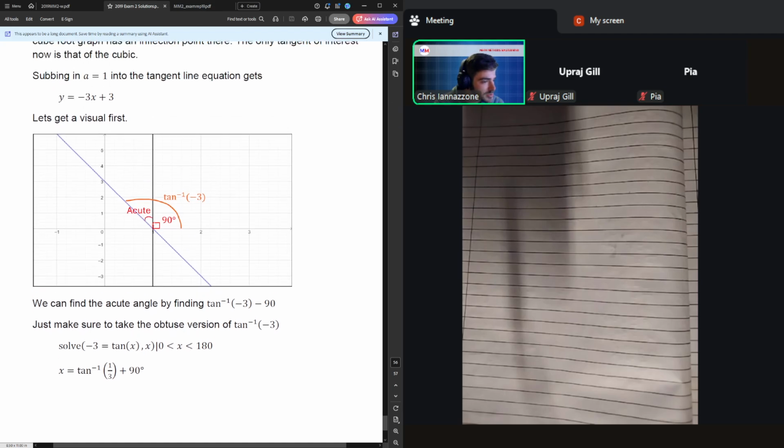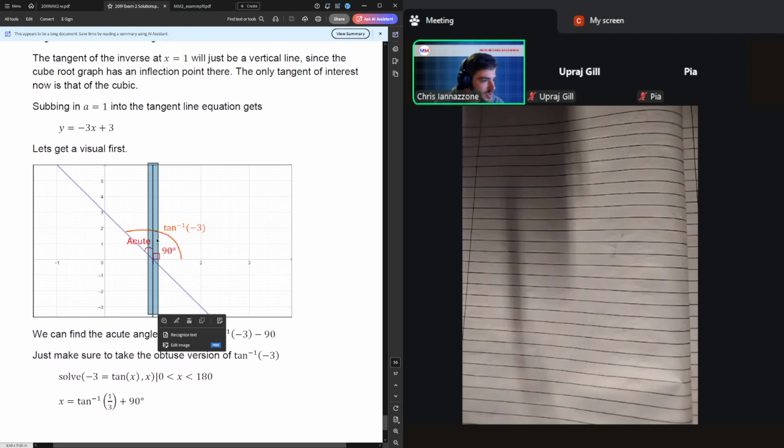So if we have a look at the picture, what was going on, if you draw those two tangent lines, the acute angle is this thing in here. In order to solve that, you have to leverage the fact that we know a vertical line has a 90-degree angle, so that can cut out a decent portion of it. And we can also find quite easily the angle of the linear by just doing tan inverse of negative 3.